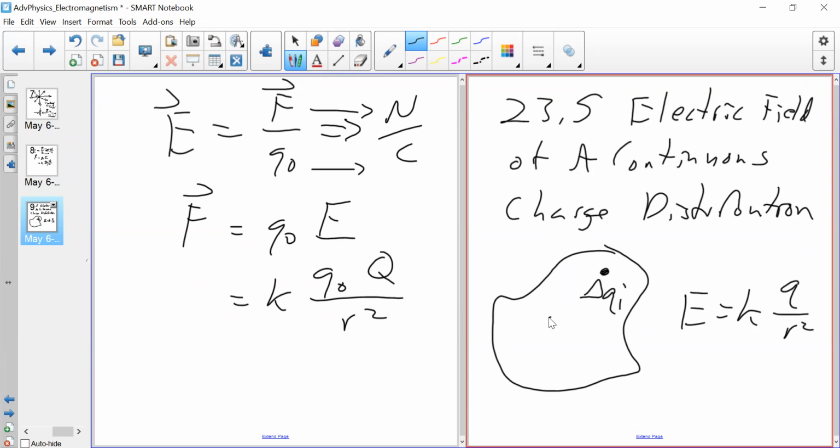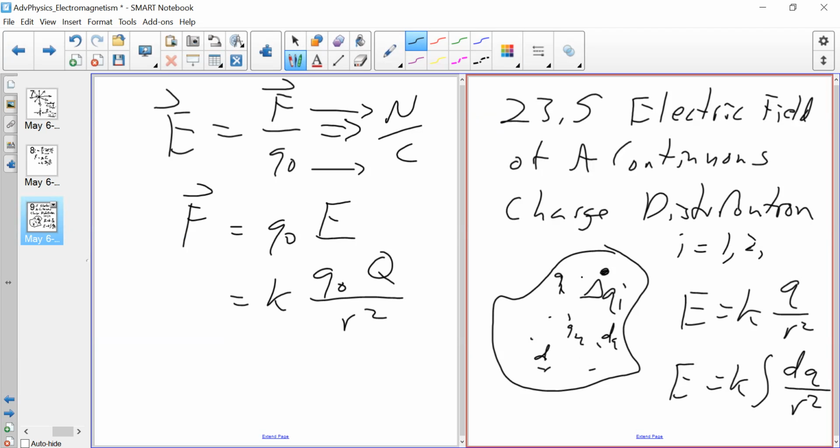But when we have many points, this becomes the sum of all of the Q's. This is Qi, where i denotes each particle. So i goes from 1 to 2 to however many particles make up this shape. Q1, Q2, whatever. These are all little pieces of the entire Q.